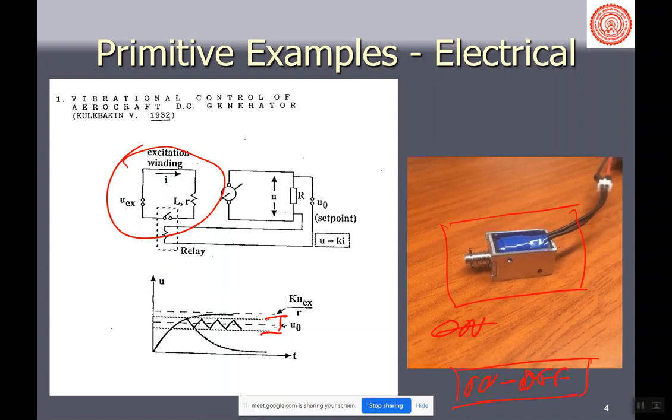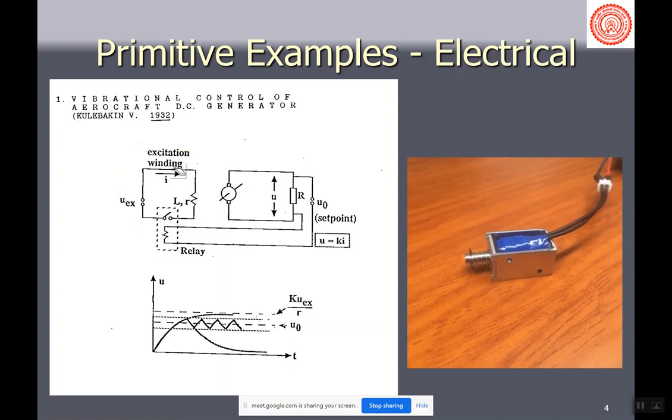Now what you're seeing here is a peculiar phenomenon. Let us say that this is of a motor, a generator.